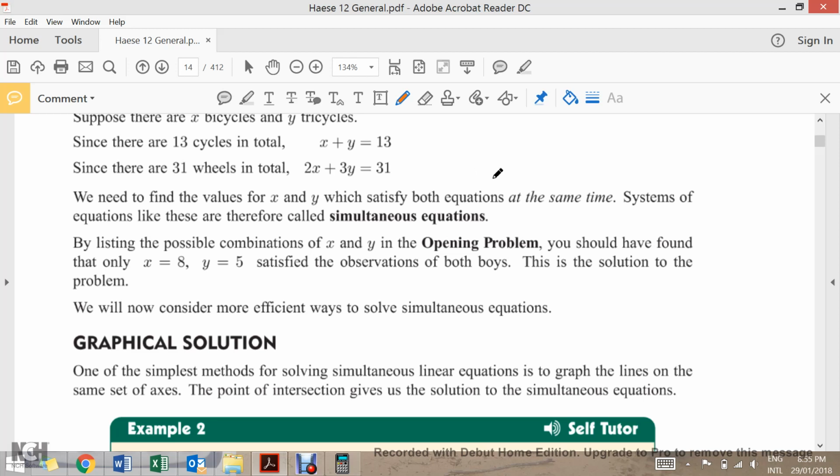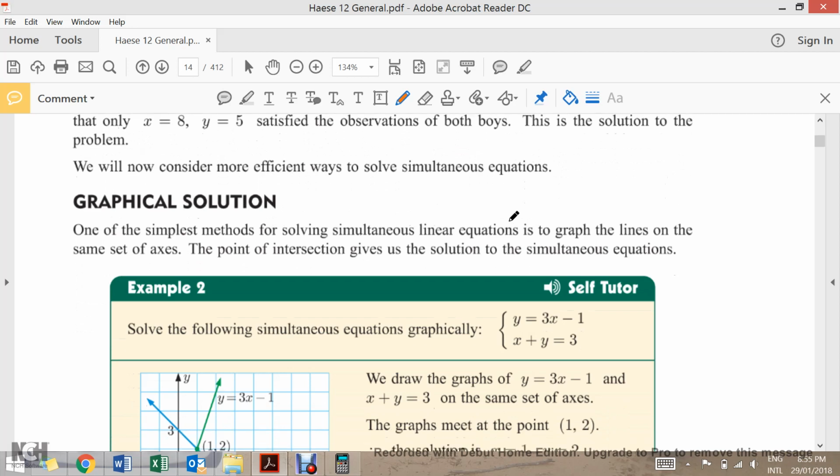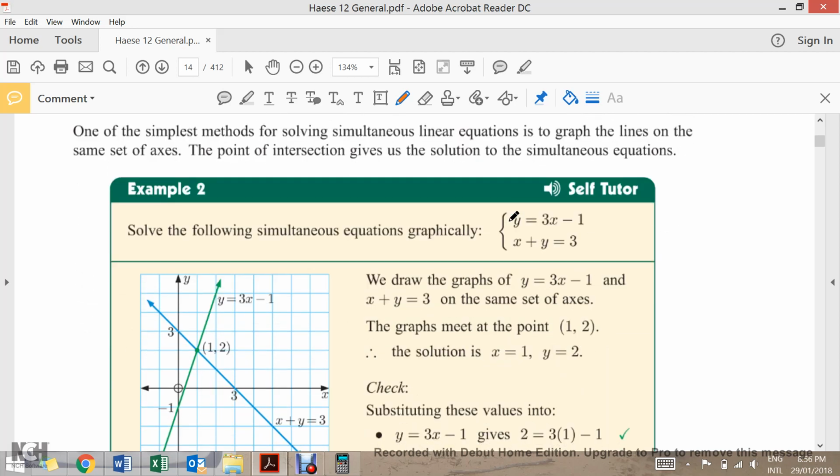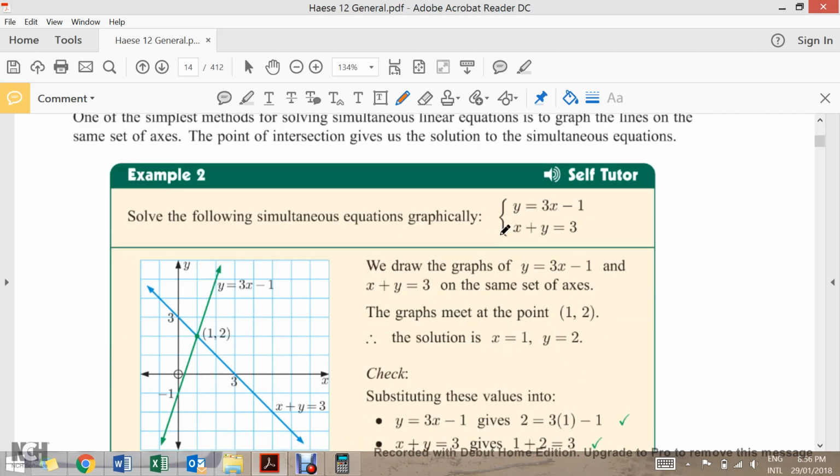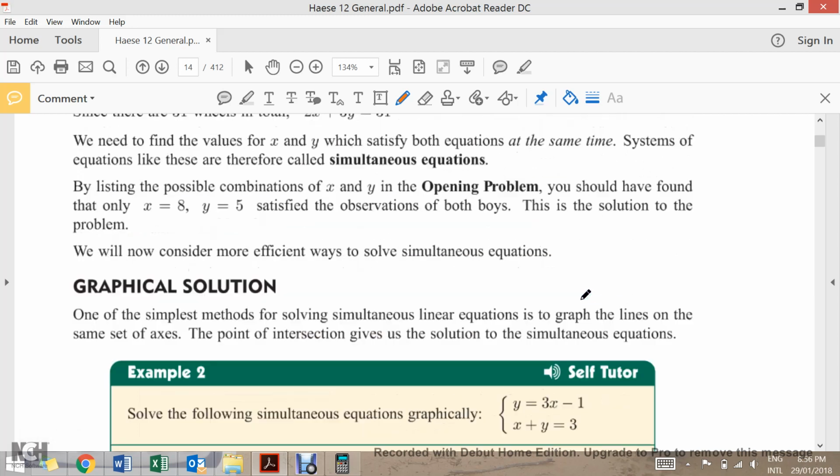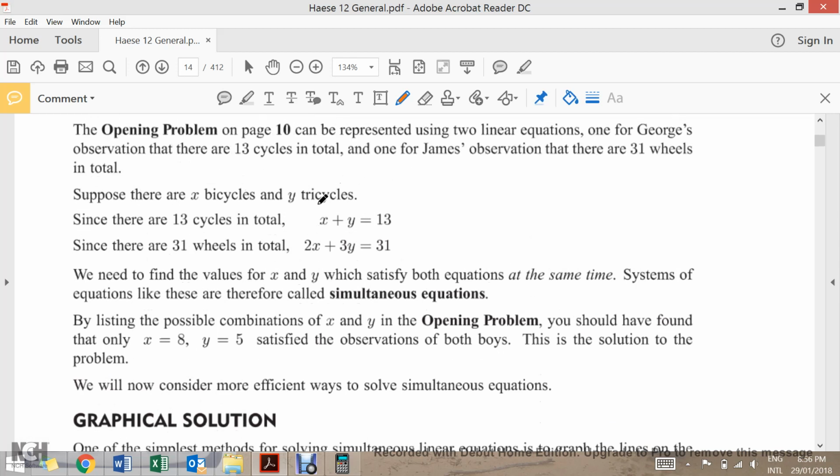They are general linear equations. Fantastic. So that means I could draw both of these equations as lines, or as linear graphs.